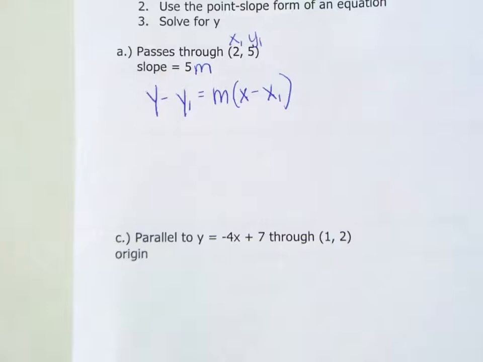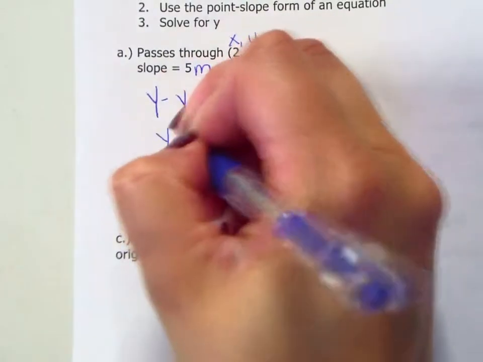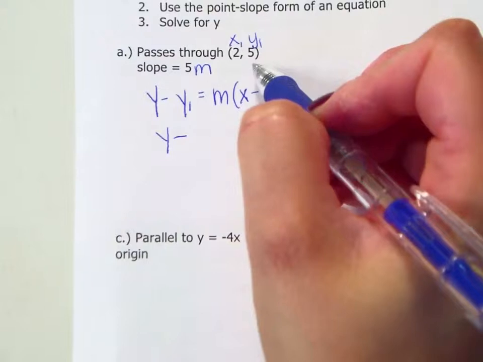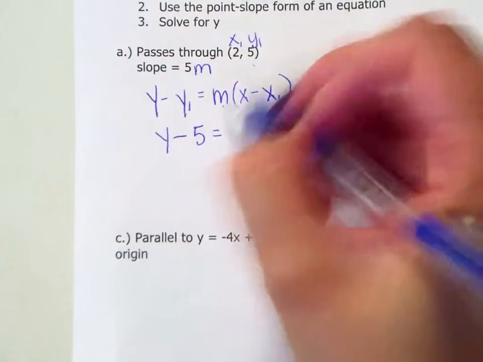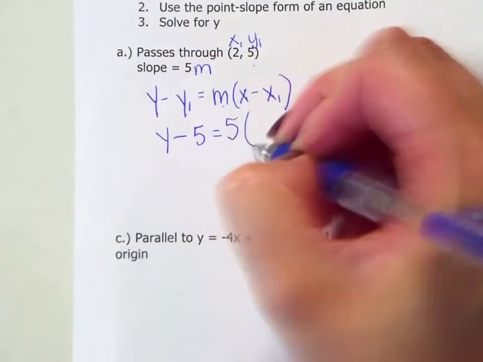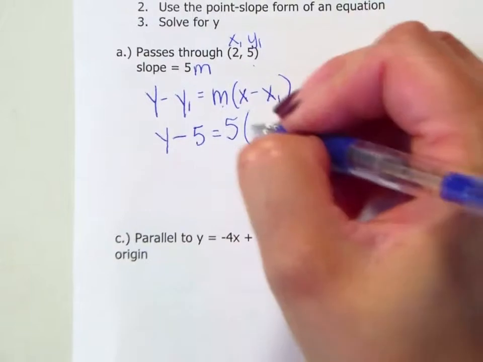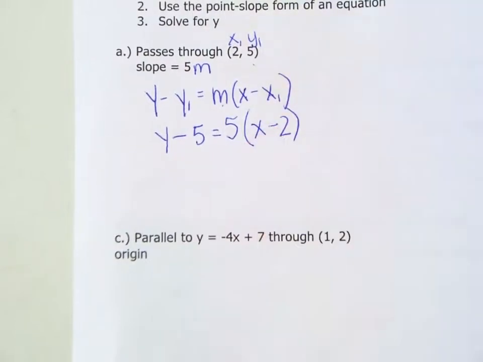And all we're going to do is plug in the values that we have. So we'll have y minus, my value of y1 is 5, equals m, which is 5 again, times the quantity x minus 2.